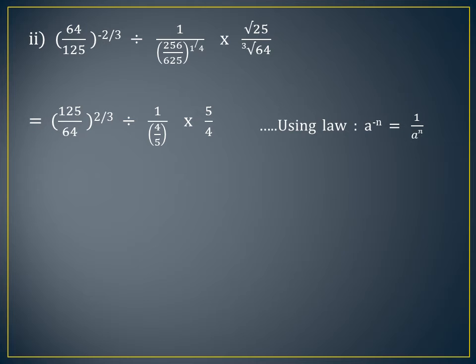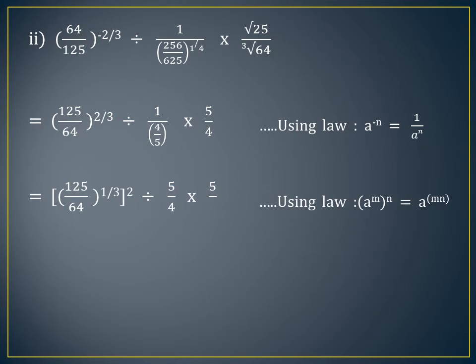To write it with a positive power, we'll write it as 125 upon 64 the whole raised to 2 by 3 using the law a raised to minus n is equal to 1 upon a raised to n. Divided by, now the fourth root of 256 and 625 will be 4 upon 5 into the last term, which will be square root of 25 is 5 upon cube root of 64 is 4.